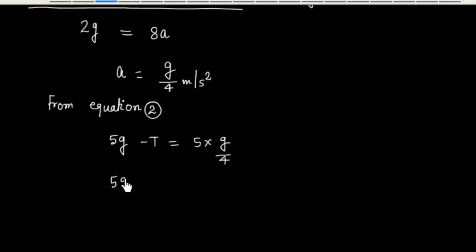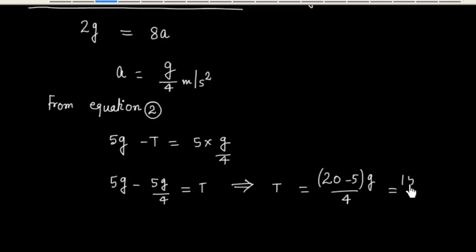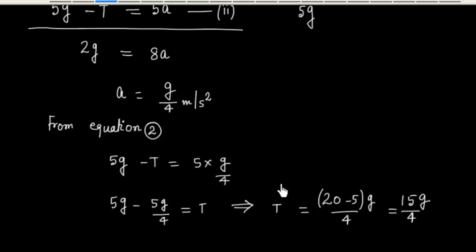So T is equal to 5g minus 5g by 4. If I solve this, T is equal to (20g minus 5g) divided by 4, so this is equal to 15g by 4. So this is the tension in the string. The tension is 15g by 4 in Newton, and the acceleration is in meter per second square.